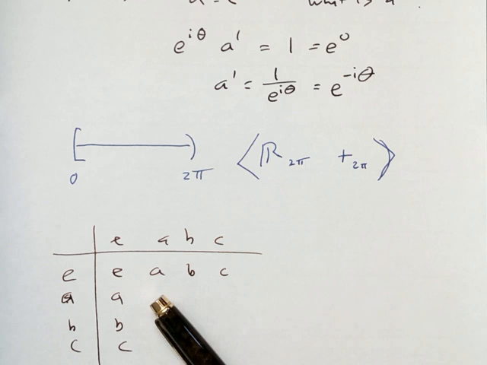Your challenge as part of that problem is to figure out why. What's weird about that one table that prevents it from generating? And that phrase will be key moving forward, that idea of generating a group.